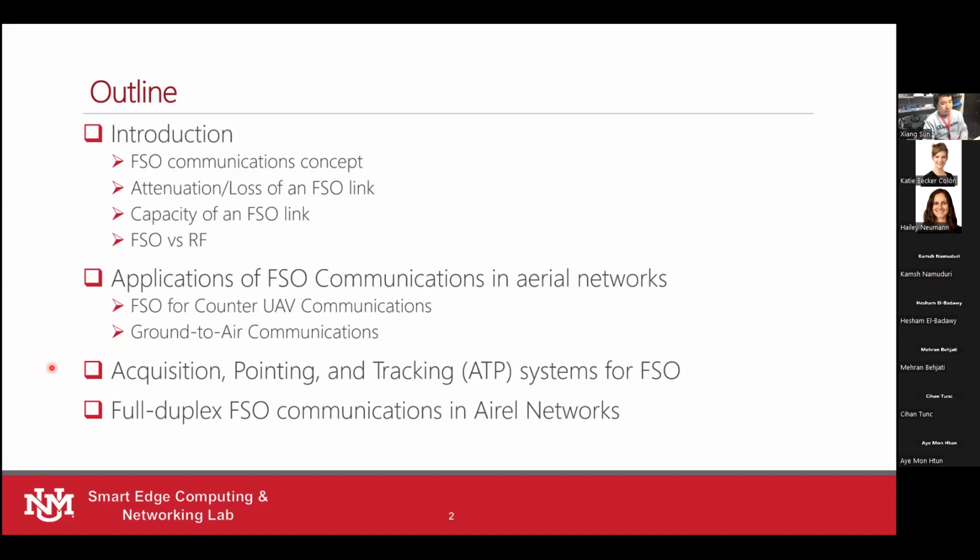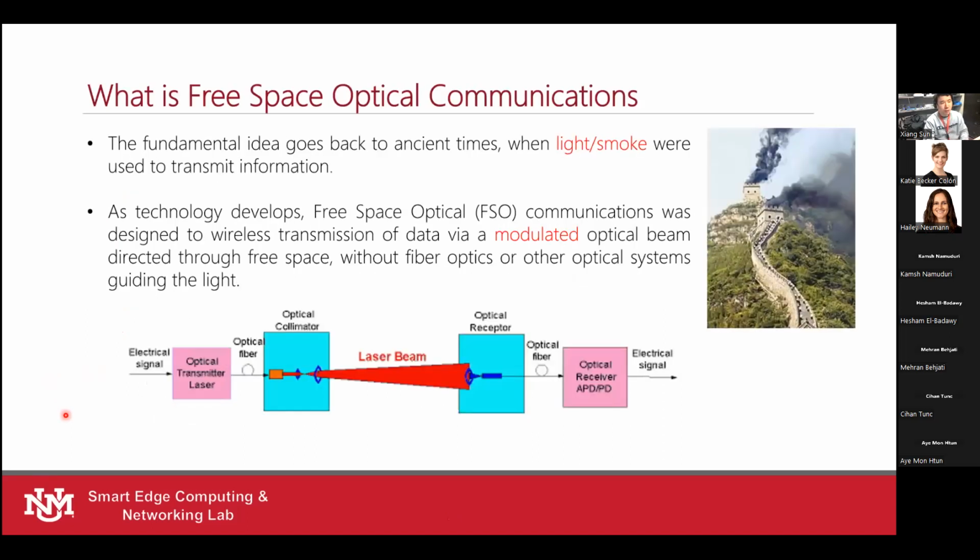Then we're going to talk about the ATP system, the acquisition, pointing, and tracking system, which is a key component to mitigate the pointing loss for FSO. Finally, I'm going to spend some slides on how to achieve full duplex FSO communications in aerial networks.